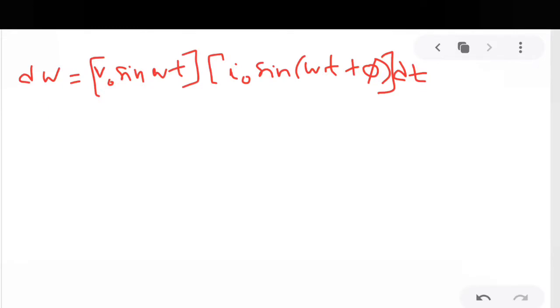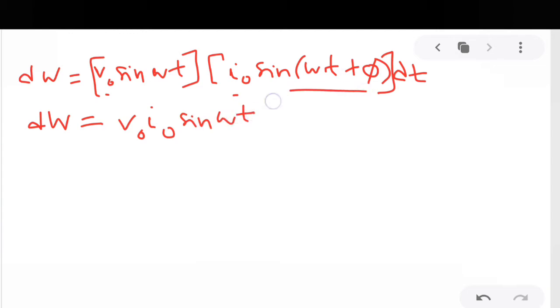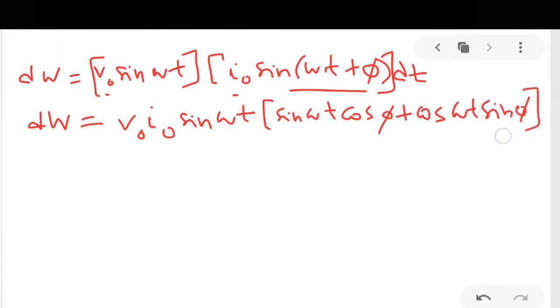Now let us rearrange these terms a bit. This V naught I naught, we'll write it together: V naught I naught sine omega t, and let us expand this: sine omega t cos phi plus cos omega t sine phi, multiplied with dt.